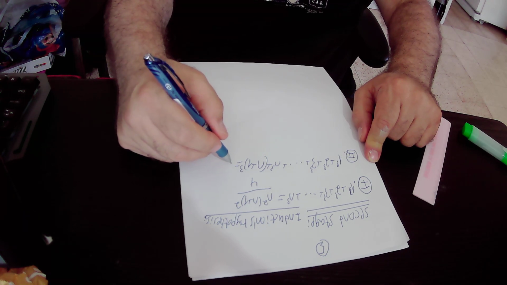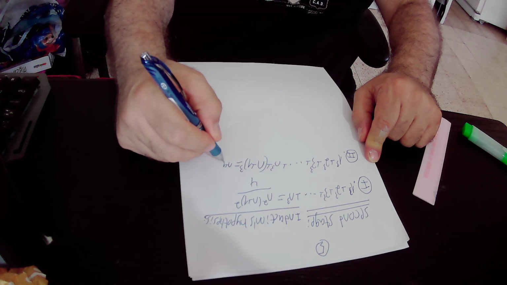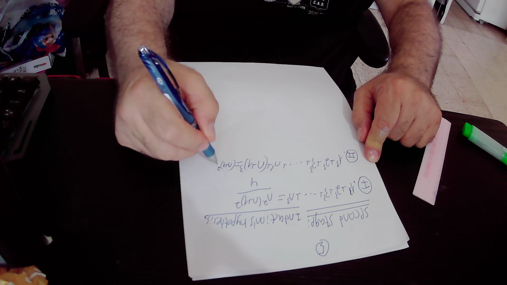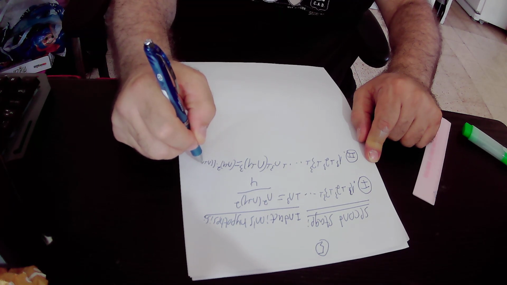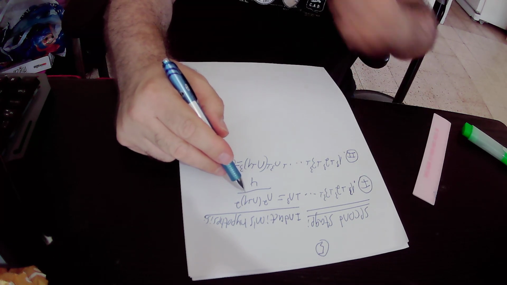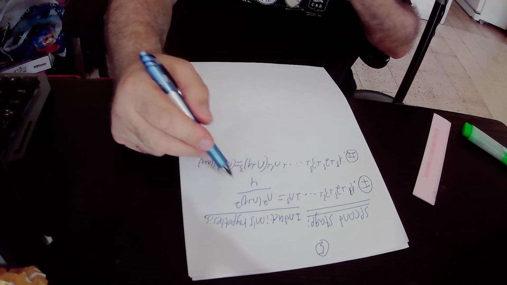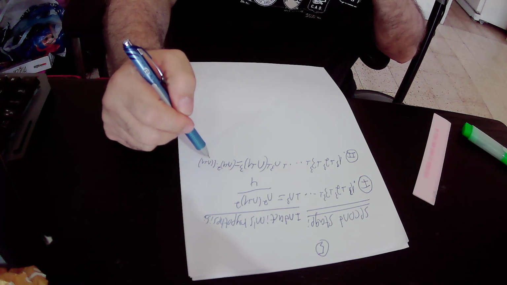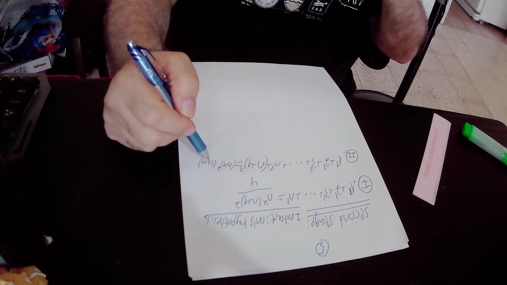So it will be n plus 1 squared times n plus 1. So it is n plus 1 in the original statement, and we are writing the statement for n plus 1.